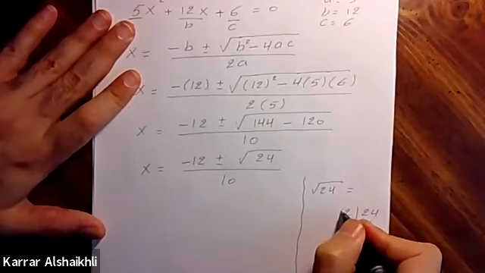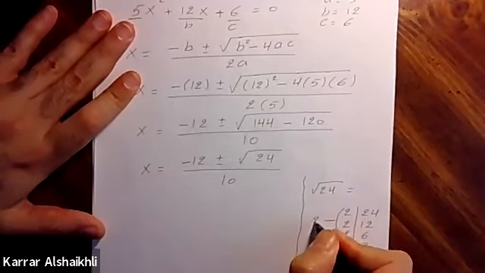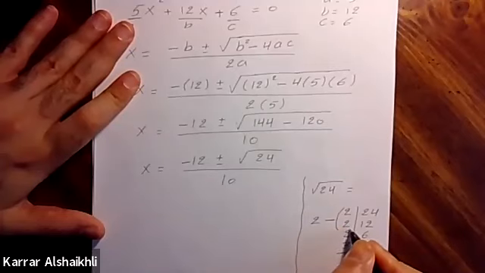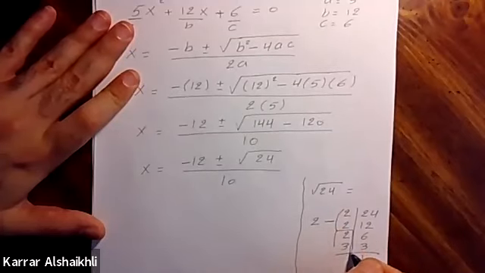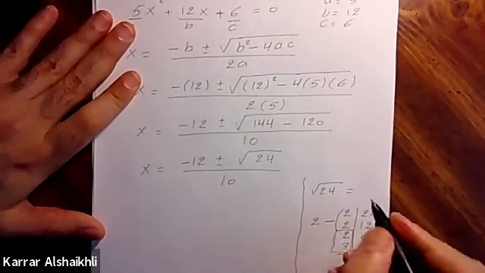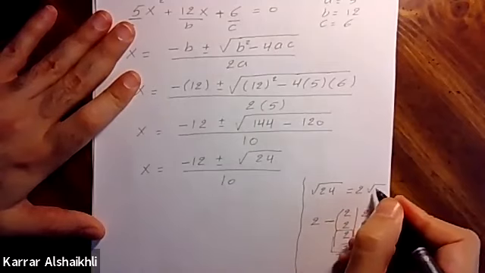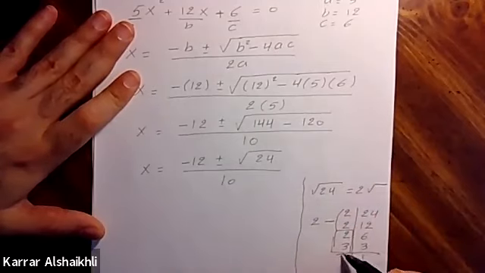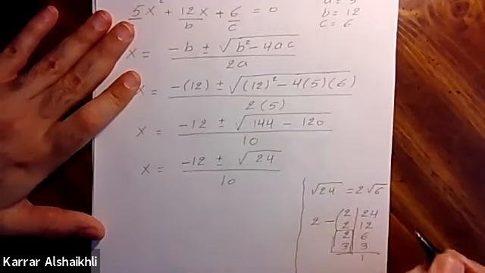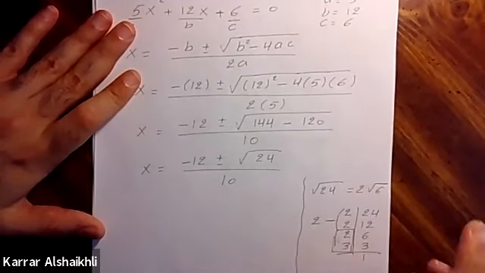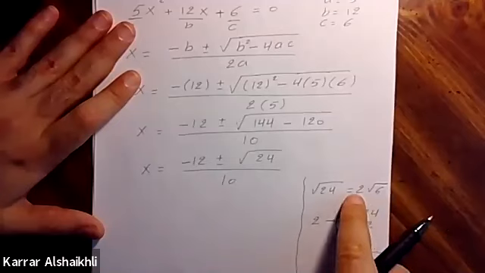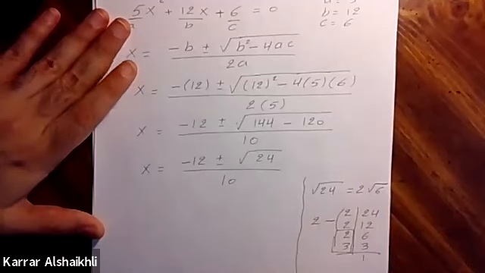Every two similar numbers, their square root is going to be 1 number outside, and the leftover two different numbers, here is the 2, and the two different numbers, 2 times 3 is going to be 6. So the square root of 24 is going to be 2 square root of 6.